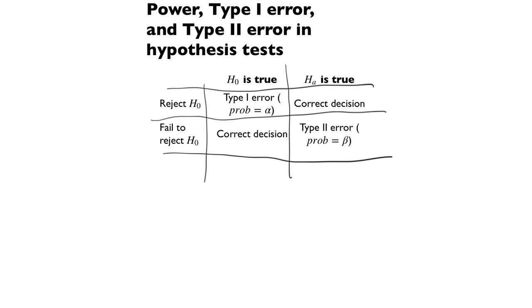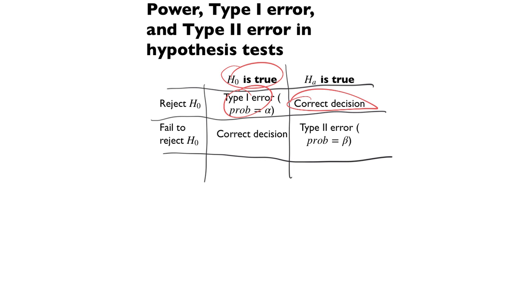And you can think of the results from one study. You get your test statistic, you have your critical value, and you reject or fail to reject. If H0 is true and you reject, that's a type 1 error. If H1 is true and you reject, that's a good thing.